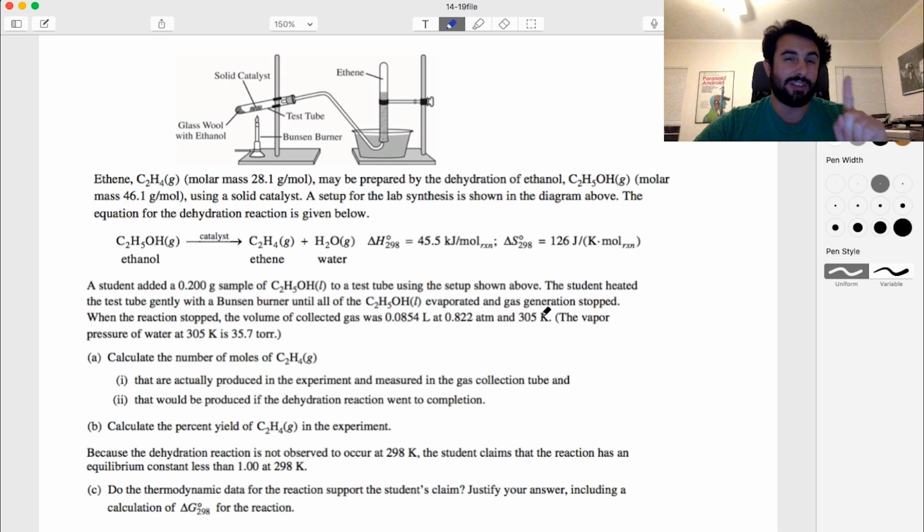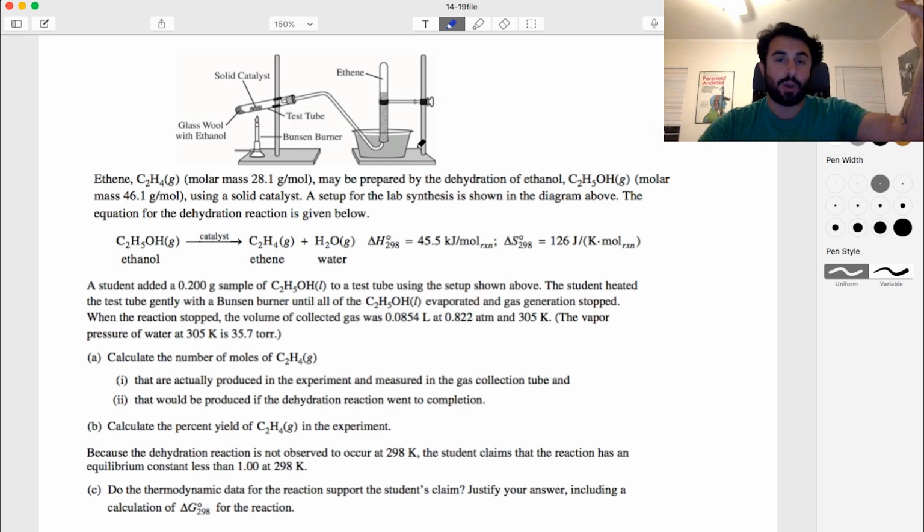There's just one catch here, because the vapor pressure of water at 305 K is 35.7 torr. So the reason that's important is that right up here, we have the ethene gas that we collected, but we also have some water vapor because there's water right here. Some of those water molecules are going to be in the gas phase.